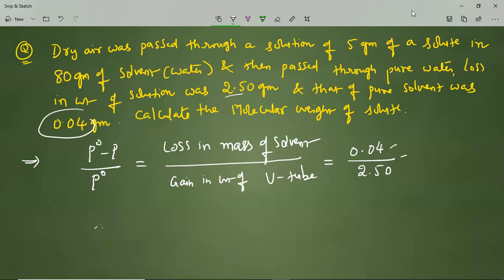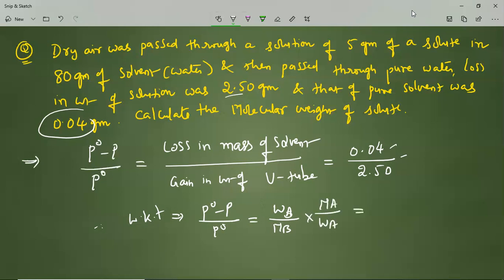Therefore, we know what RLVP is. RLVP mathematical expression: P naught minus P by P naught is equal to WB by MB into WA by MA, wait, MA by WA. So this is equal to 0.04 by 2.50. What is WB?